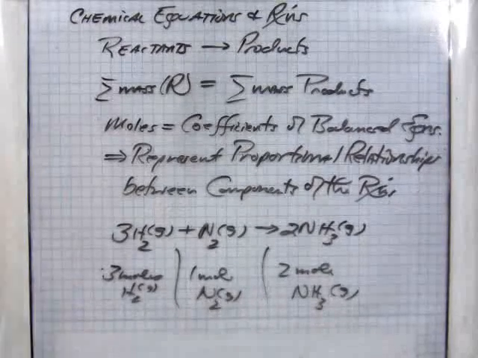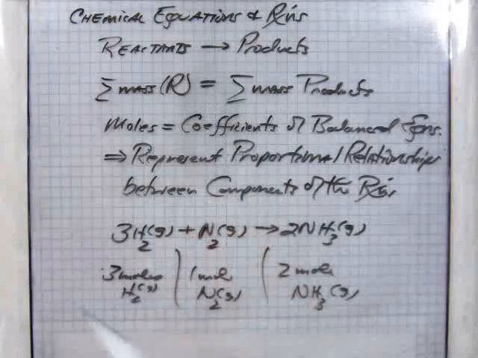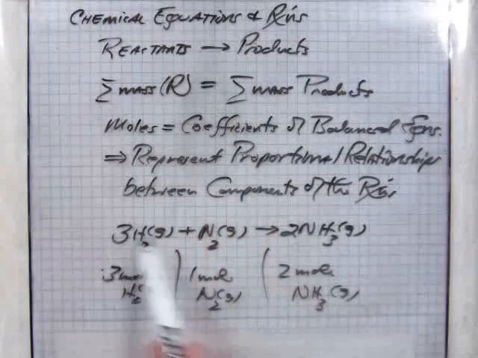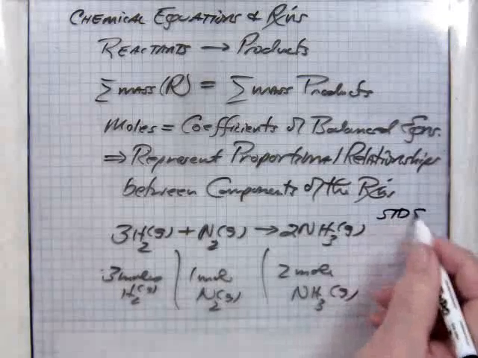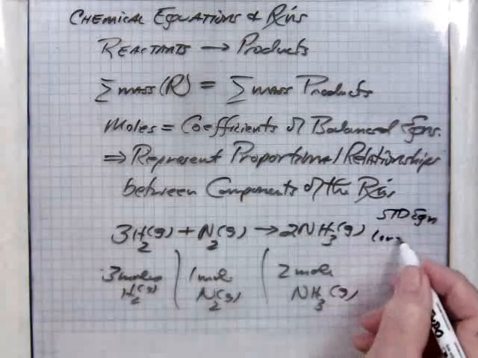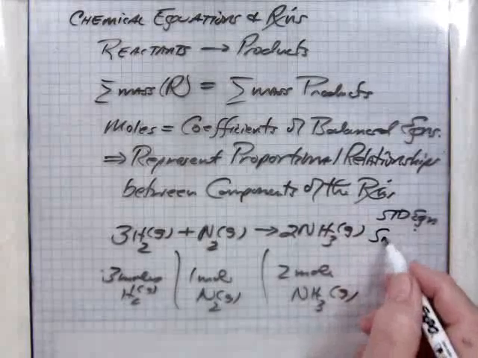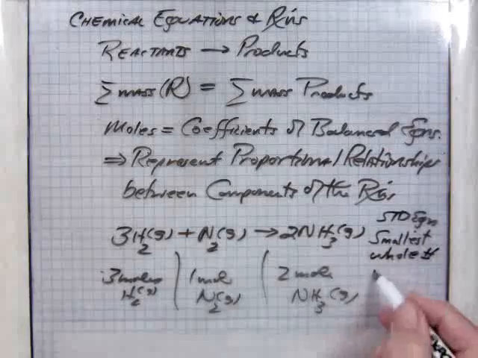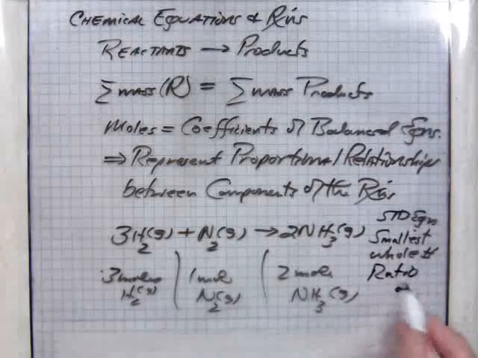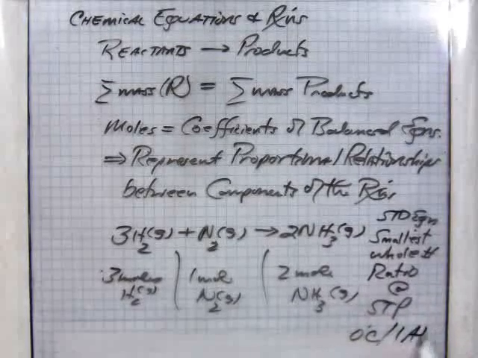And what this ultimately means in the understanding of mass balance of the equation is this being the lowest whole number ratio of coefficients represents what we call the standard equation. Our smallest whole number ratio. And that's at STP conditions, which are 0 degrees C and 1 atmosphere.